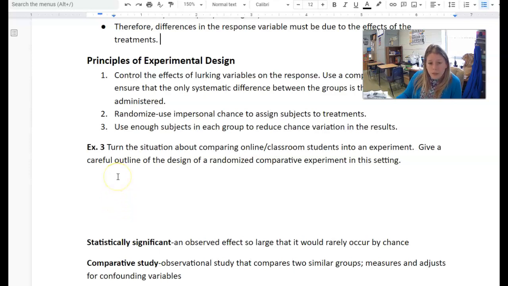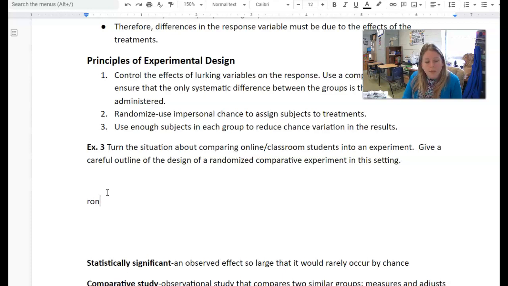Okay, turn the situation about online classrooms into an experiment. Give a careful outline in this setting. Now, you're in Google Docs, so you can't draw, so am I. So this is supposed to be like a flow chart, so let's see what we can do here. We start by randomly assigning groups. Random assignment.